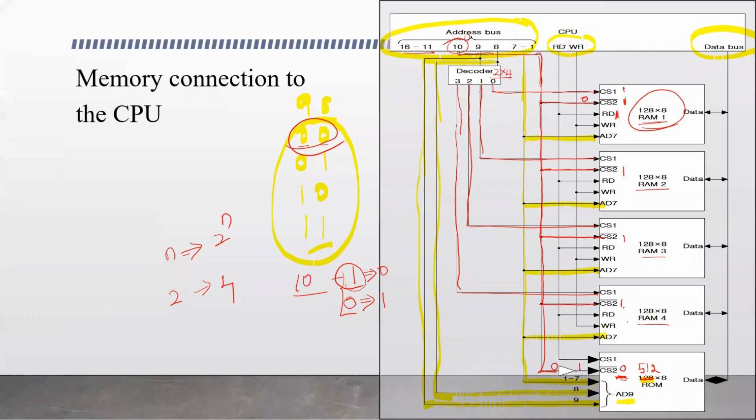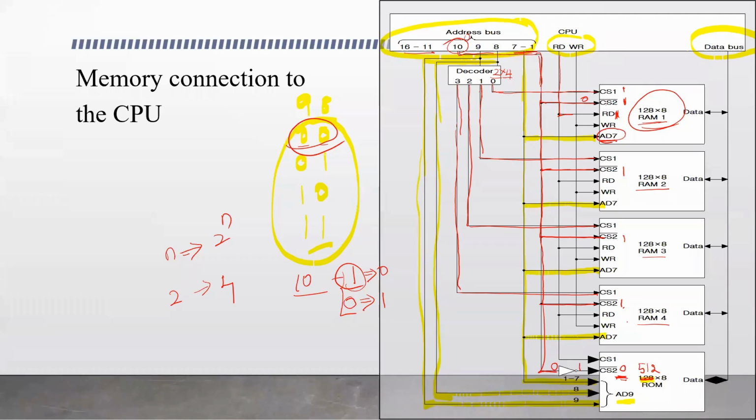And the CPU activates this read control, so read control is 1. What the RAM does is an output operation. The CPU wants to read data from this RAM. So RAM places the data, and address information is also sent by the CPU. Bits 1 to 7 of this address line specify the address.